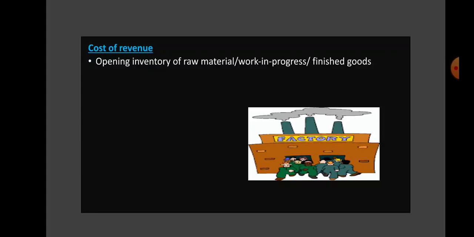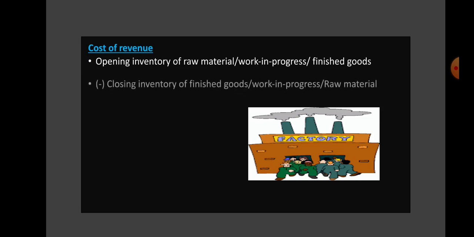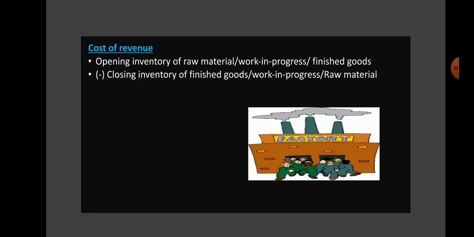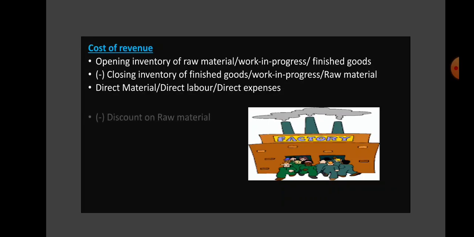Usually for a manufacturing organization, we need to take the opening inventories, which can be either raw material, work in progress or finished goods, and deduct the closing inventory, which can be either raw material, work in progress, or finished goods. Other than this, we need to take the factory expenses like direct labor, direct material, and direct expenses. And if there is any discount received on the raw material that we purchase, that should be deducted.